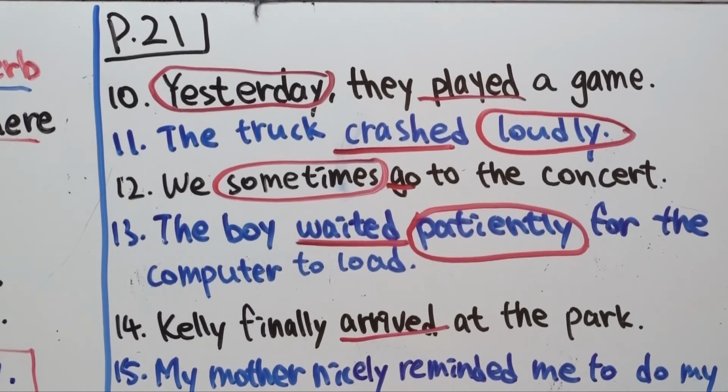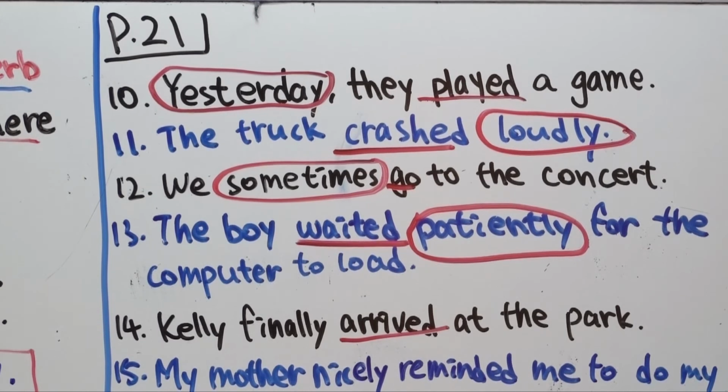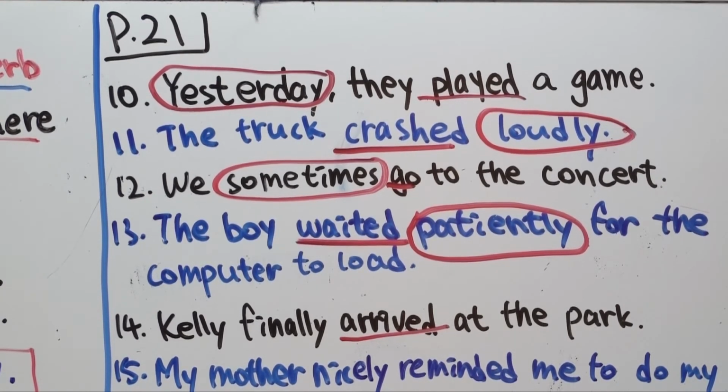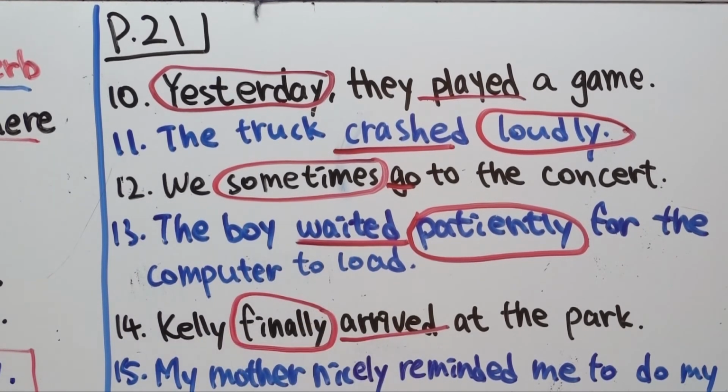Which one is the adverb? How she arrived, or when she arrived, or where she arrived? Finally is the adverb because it tells you when she arrived, okay?